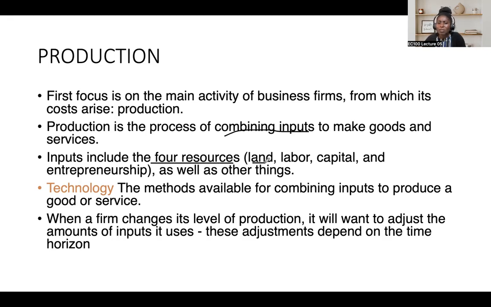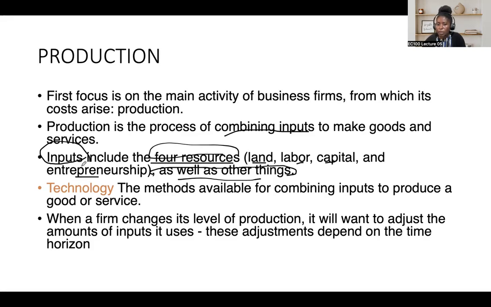They're not directly land, not directly labor, not directly capital or entrepreneurship, but they're inputs. You need them to combine together to make goods and services. Maybe they come from any of these, but you can't quite place it, so we just call it inputs. That's why we use the word input, because it includes the main resources as well as other things.